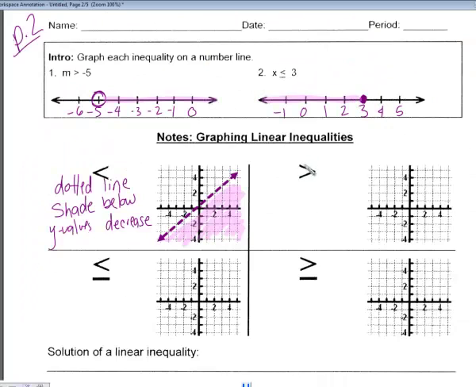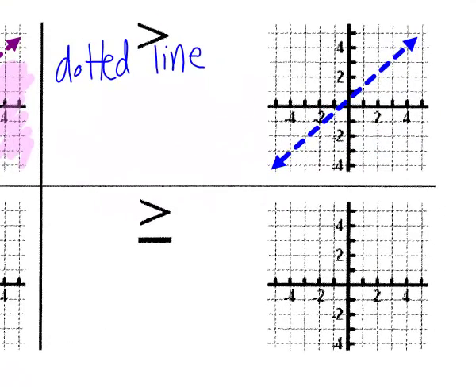Alright, so if you are given an inequality that says greater than, it's going to also be a dotted line. Okay, so I'm going to go ahead and draw that for us. We have this dotted line right here. Alright, and then instead of shading below, we're going to shade above.